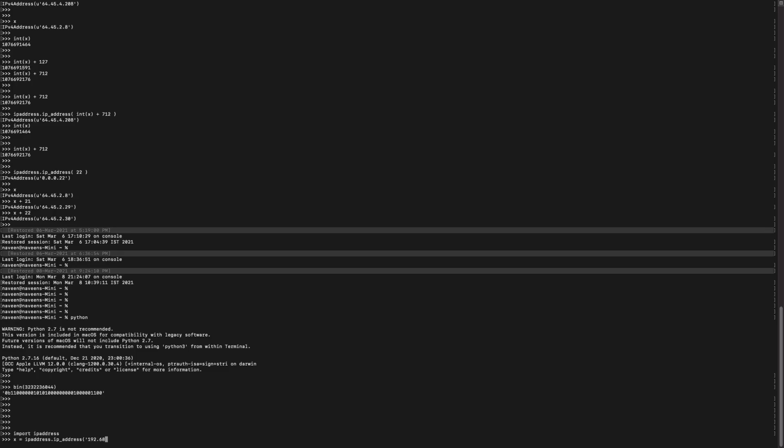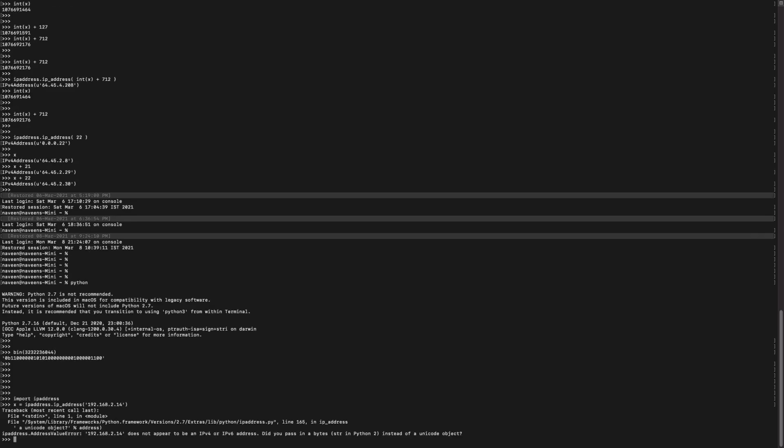In Python, there is an IP address library available.